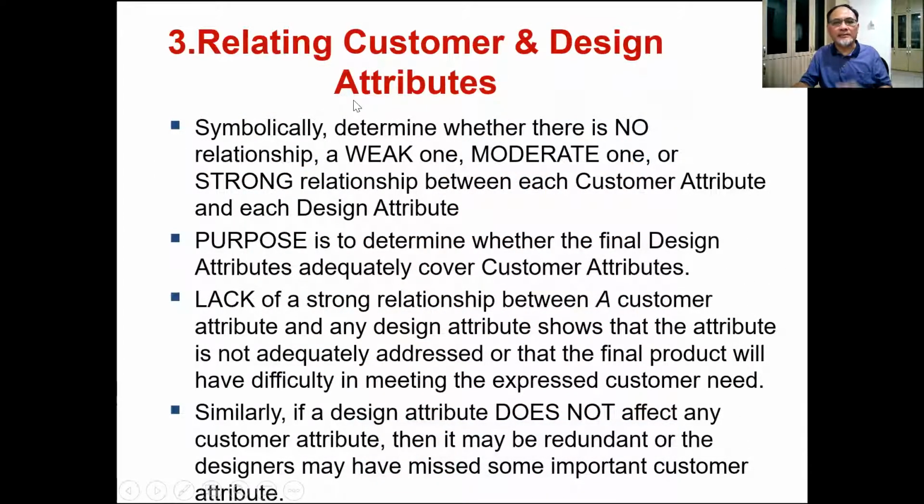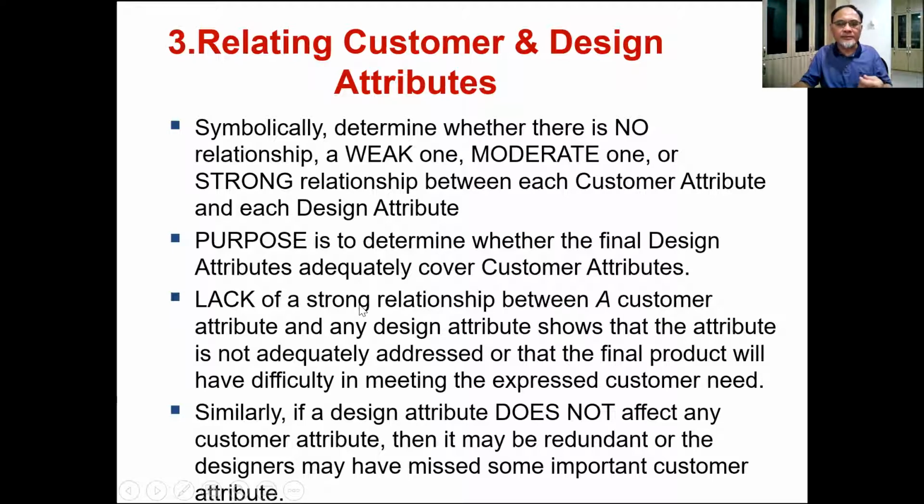Then you want to relate customer and design attributes, in the middle box. Normally we give some relationship: no relationship, weak, or moderate, and we give a symbol there.